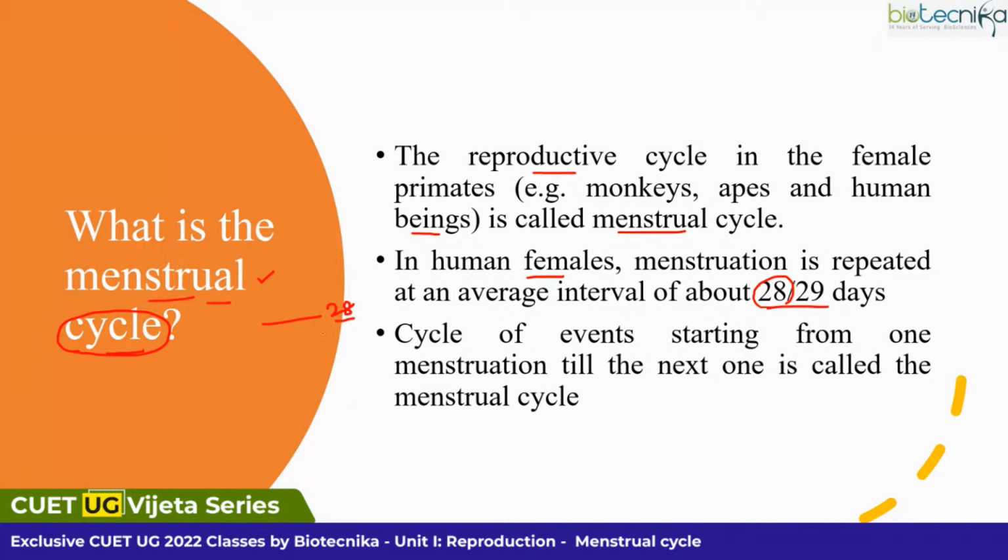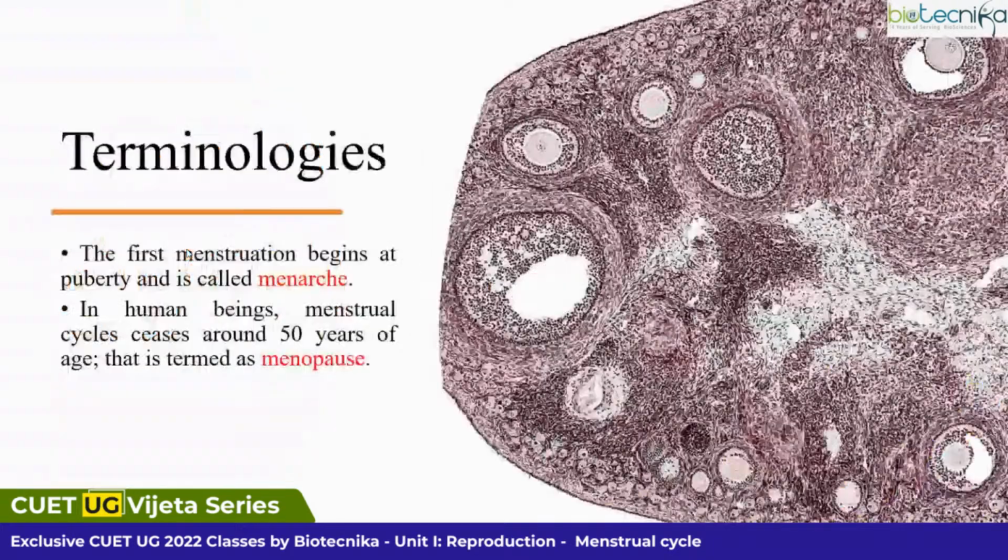For some it might be a little longer, for some a little shorter, but if it's an optimum body with no issues, it is around 28 days. The cycle of events starting from one menstruation till the next one is what we call the menstrual cycle, right? Today we'll be seeing what the phases are and what hormonal changes occur in the female body associated with the menstrual cycle events.